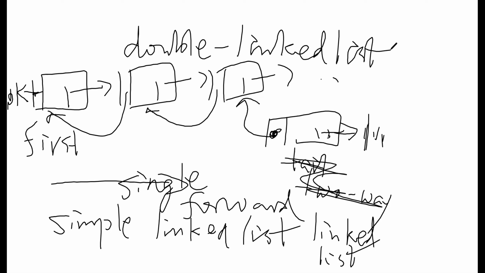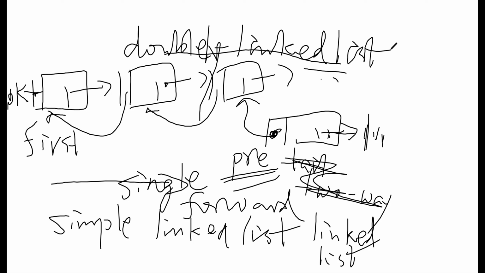So it's not just next, it also has a field called previous. So in that case, it's called a doubly linked list. That's the concept of a doubly linked list.